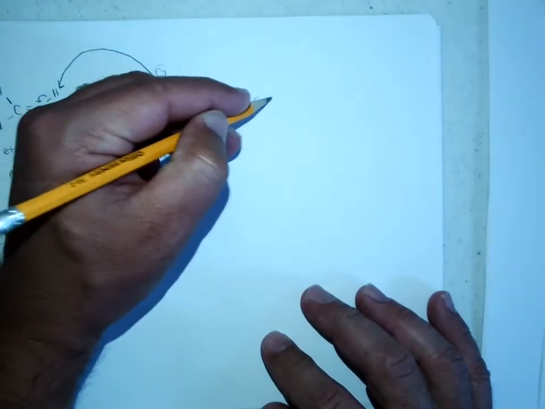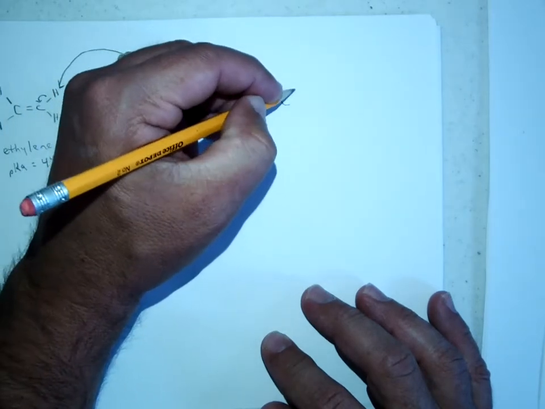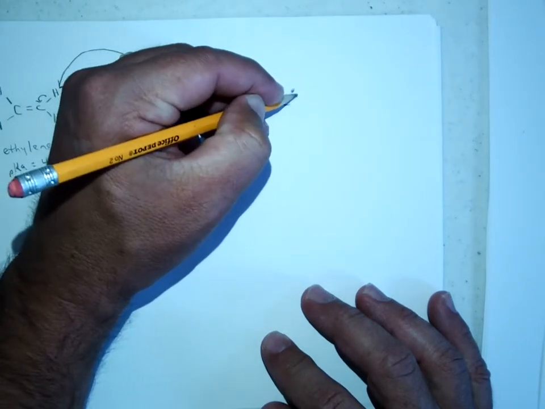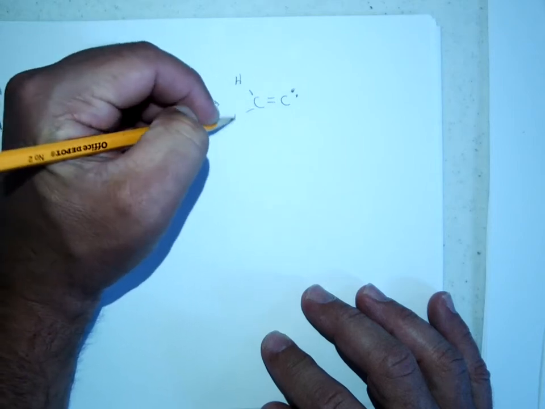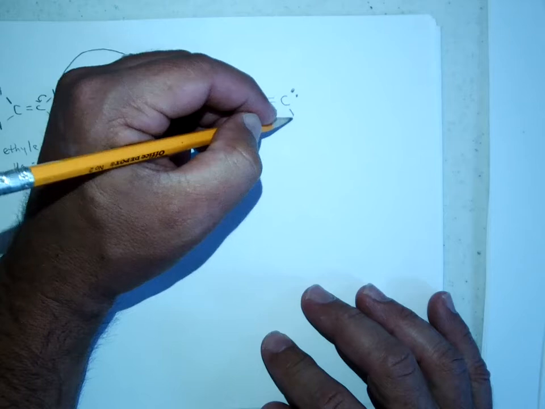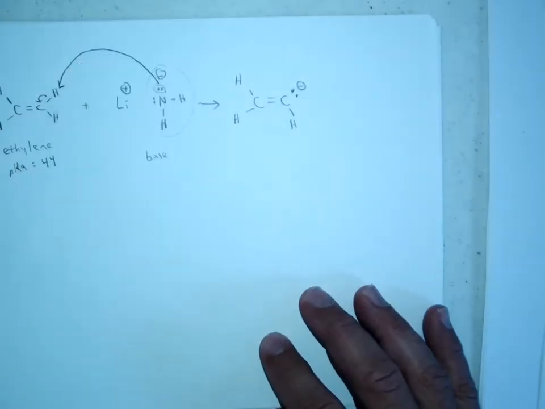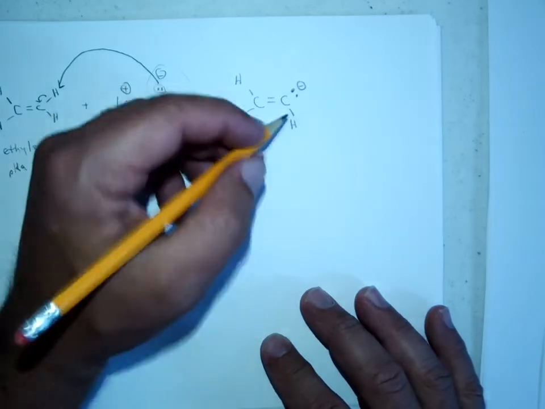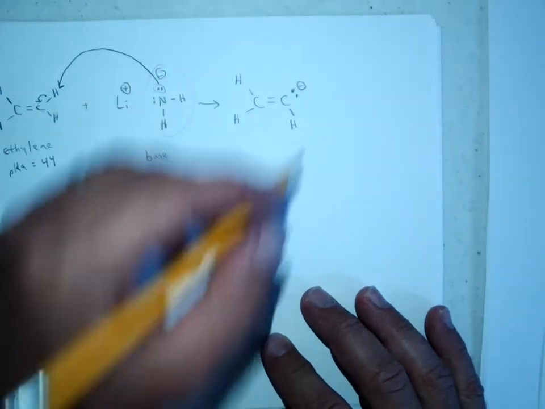So then you end up with the ethylide, I guess you would call it. I don't know what you would call that, but it's the conjugate base of ethylene, and it's got a negative charge and the liberated pair of electrons.